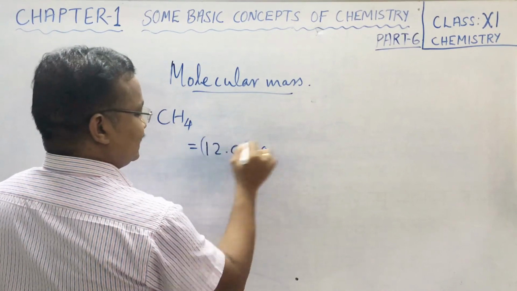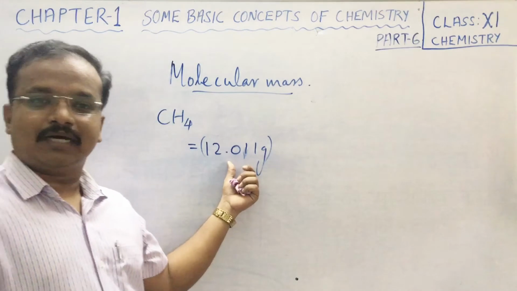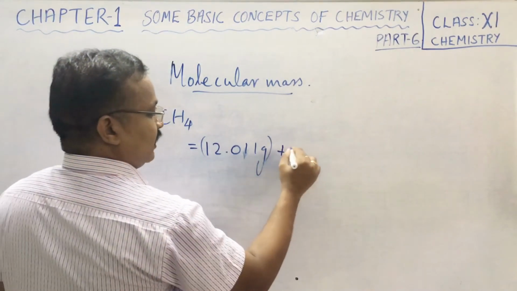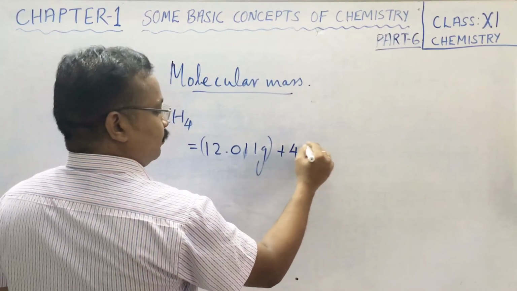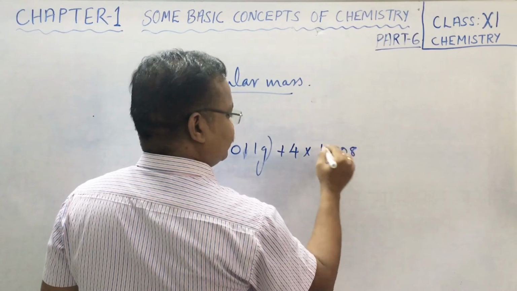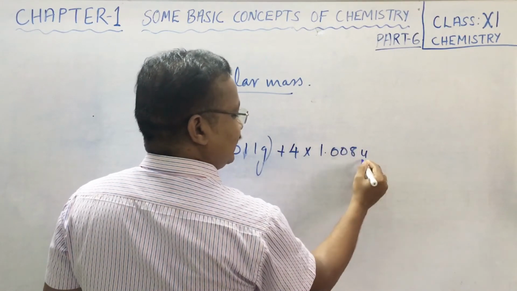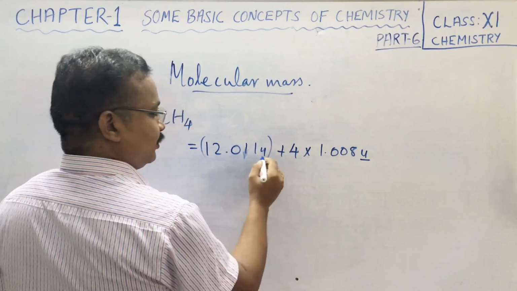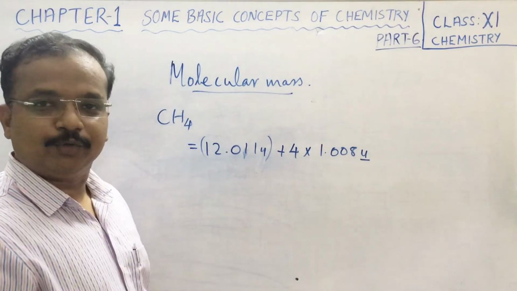Carbon is exactly 12.011, the exact mass of a carbon atom, plus 4 into 1.008. You can write the unit as U or AMU.